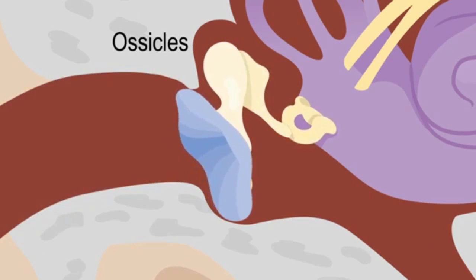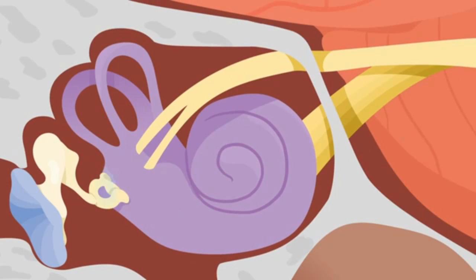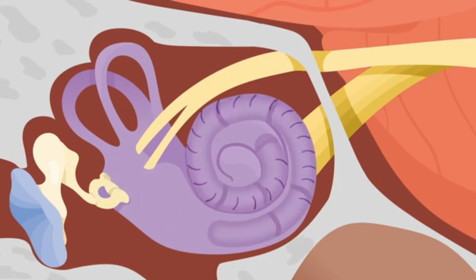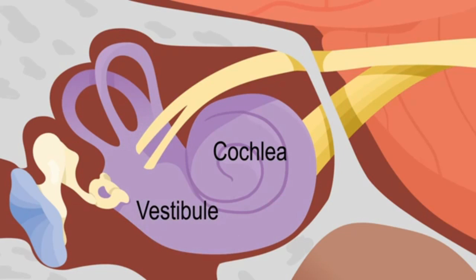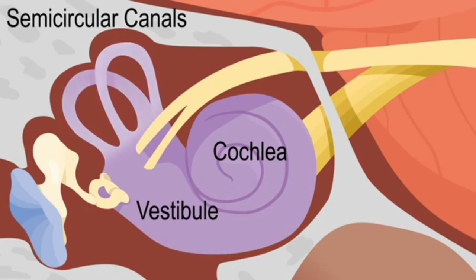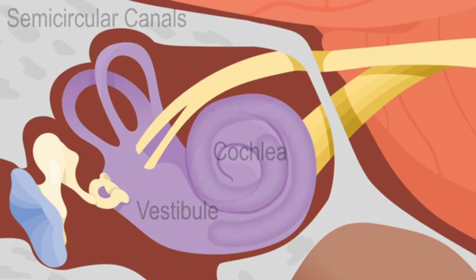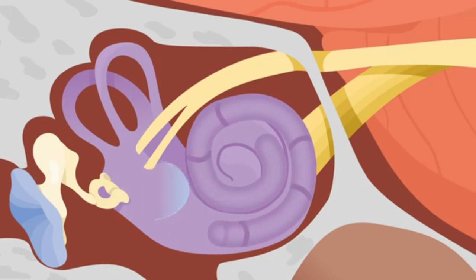The vibrations are then sent to the inner ear. The inner ear receives vibrations and changes them into messages that go to the brain. These messages are called nerve signals. The inner ear is made up of the cochlea and the vestibule, which includes the semicircular canals. The cochlea has fluid in it that moves like a wave. This happens when vibrations come in from the middle ear.